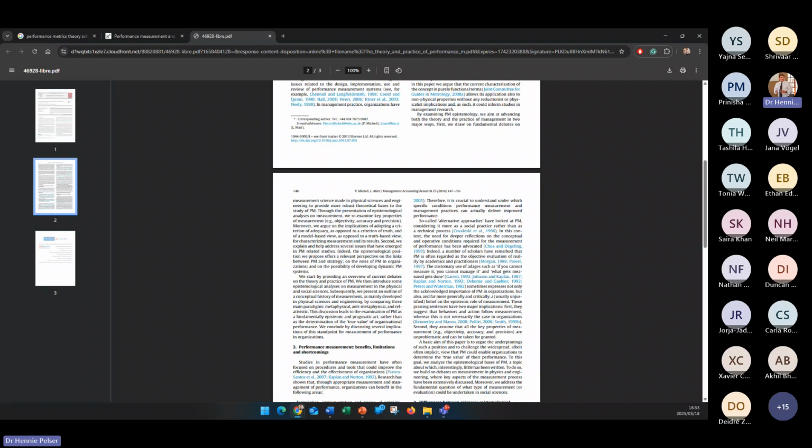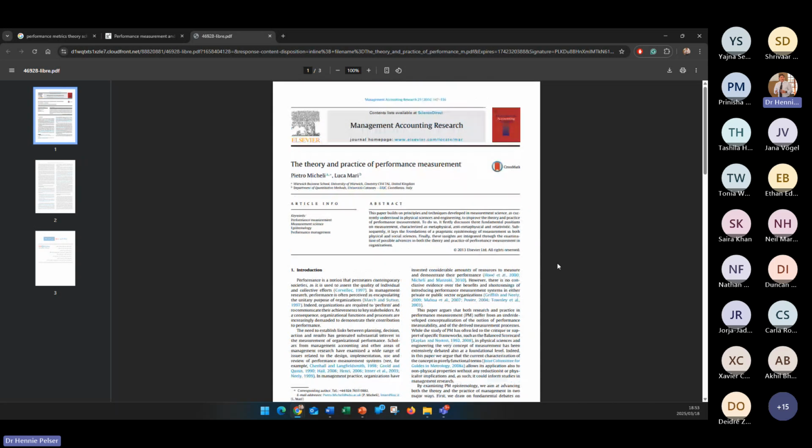I think, sorry, where is that now? No, I think look for this kind of thing, the sort of performance measurement theories.